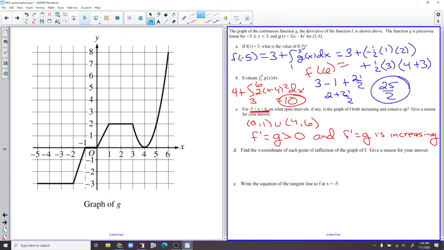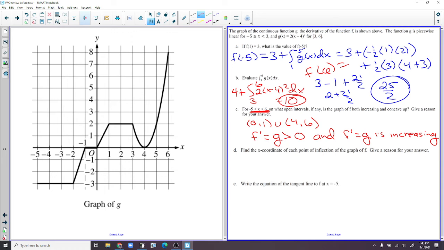Find the x-coordinate of each point of inflection of the graph of f. Give a reason for your answer. Where are all the points of inflection? What do you think? There is.